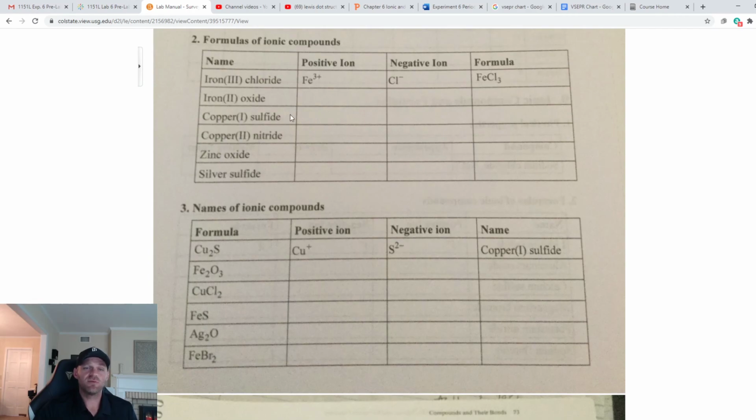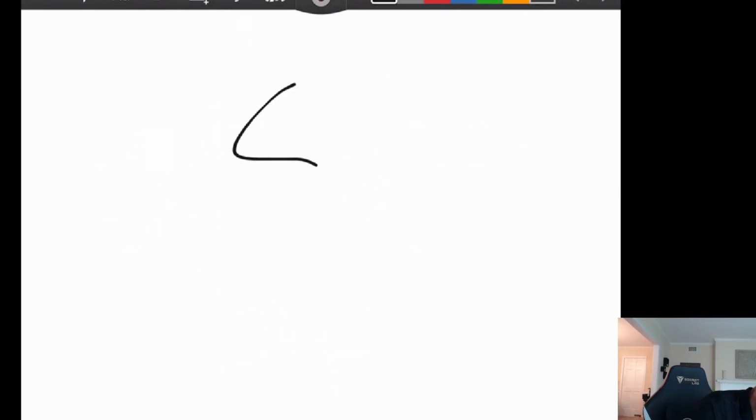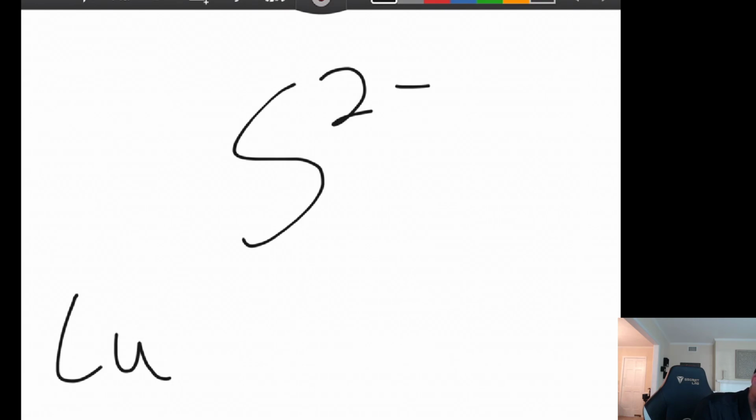So just to do this one as kind of an example, copper sulfide. If sulfur is 2 minus and it connects with a copper that the Roman numeral told me only has a +1 charge, so it's only losing 1 electron, that means it only has 1 electron to contribute.